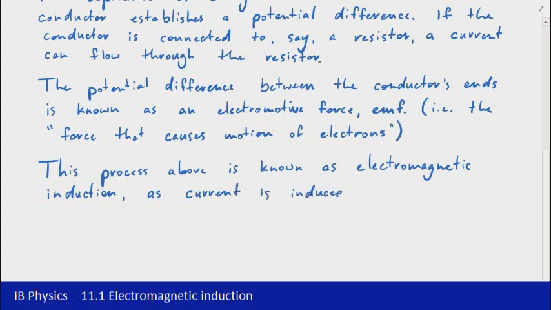Now, this is only one example. What we're going to have a look at as we move forward in this unit is that it's not just about a conductor moving through a field. It can be any change in the magnetic field around a conductor, and so we're going to express that as when there's relative motion between the conductor and the magnetic field.